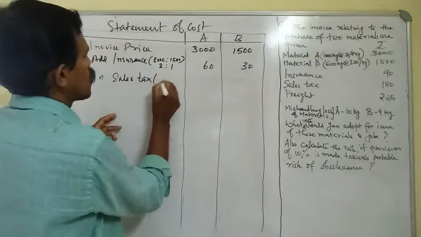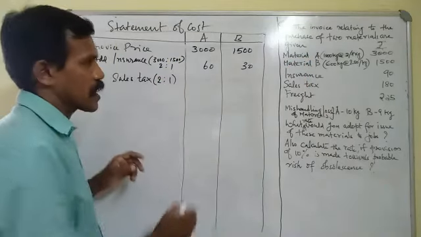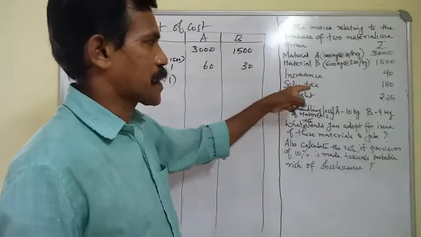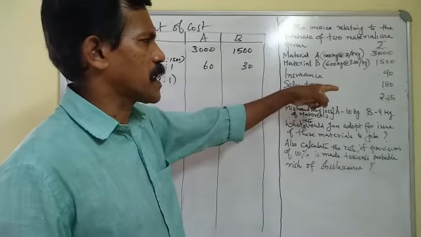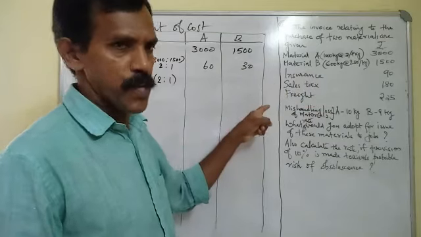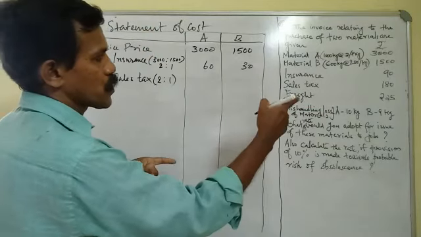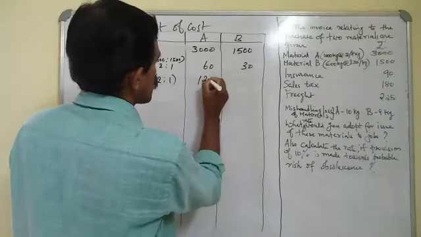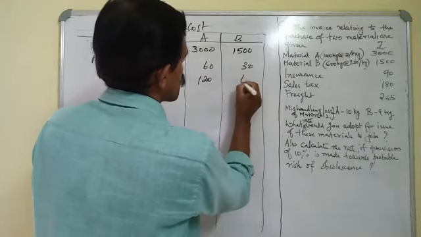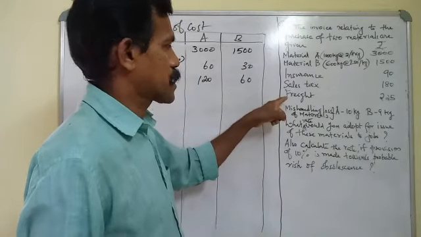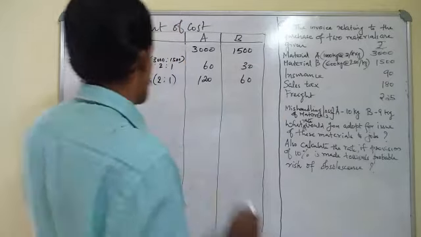Here our ratio is 2:1. Again we have to apportion this sales tax 180 in the proportion of 2:1. Its amount comes to 120 and then 60.